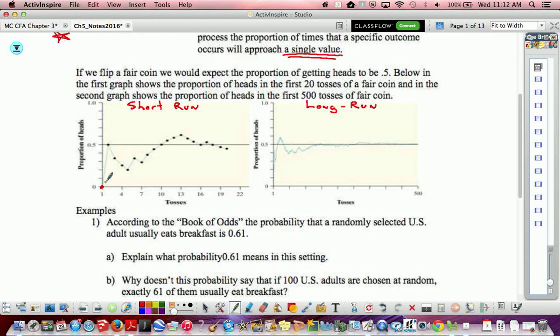On the second coin toss, you actually got a heads because we had 1 out of 2. Then since it went down, this would be 1 out of 3, 1 out of 4, 1 out of 5. Since it's going up, 2 out of 6, 3 out of 7, 2 out of 7, 3 out of 8, 4 out of 9, 5 out of 10.